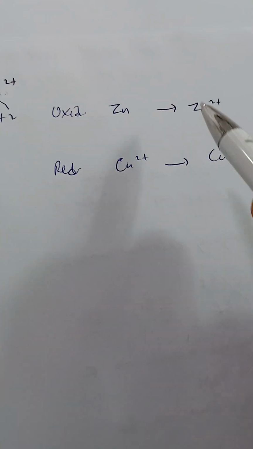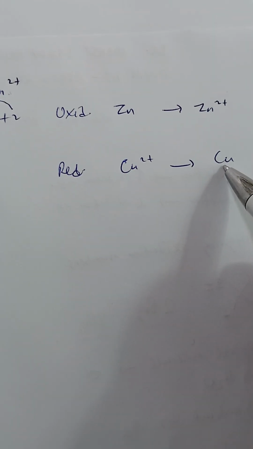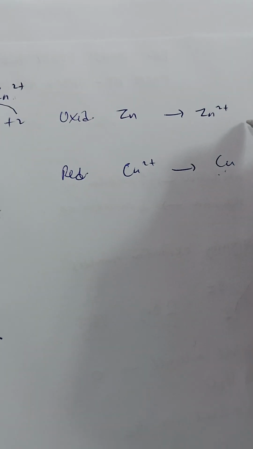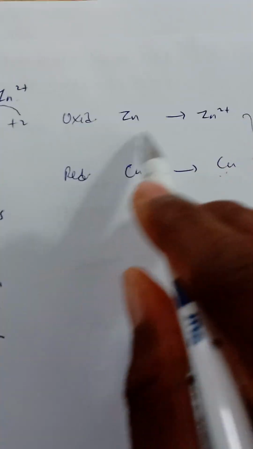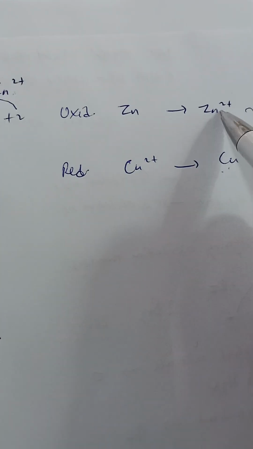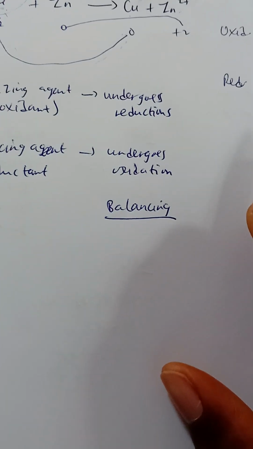So this is the oxidation half and the reduction half. I haven't balanced these; I'm just showing you how to write the half equations. Later, we have to balance the half equations and add them to get the overall balanced redox reaction. That's what we are going to look at right now.